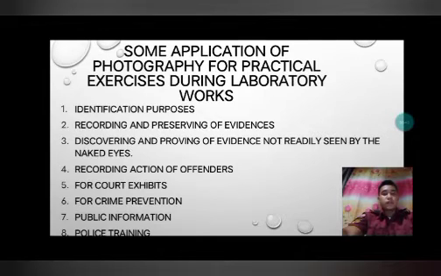Number 7, public information. What is public information? It's the public relations approach which aims at providing mutual goodwill and trust by sharing the organization-related information with the target audience in complete openness and honesty. So that's public information.